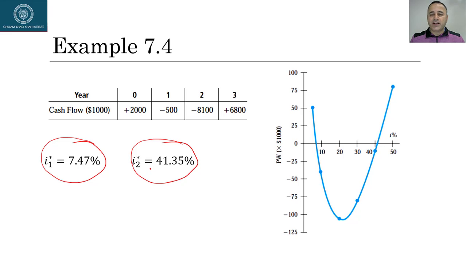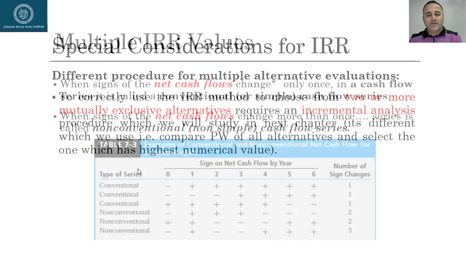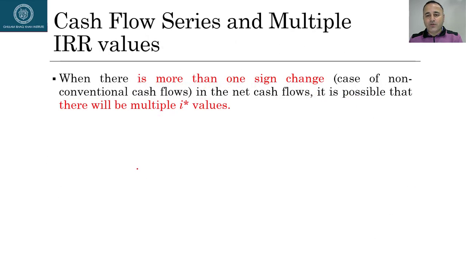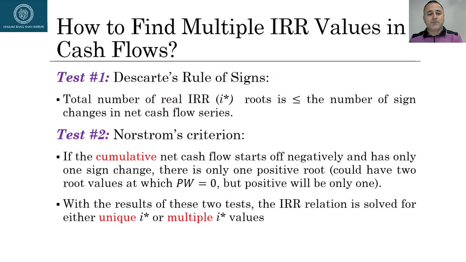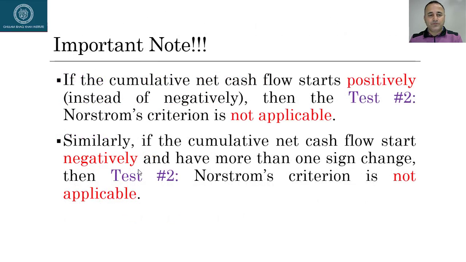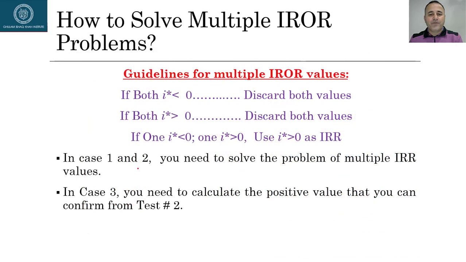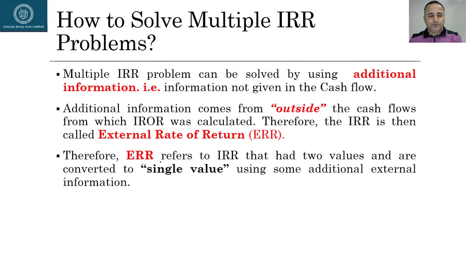But of course, at the end of the day, I have to come up with an internal rate of return. So I use some external information and convert these two IRRs into a single IRR. That single IRR is called the EIRR because in calculating that IRR, I'm using some external information which is outside of the cash flow.